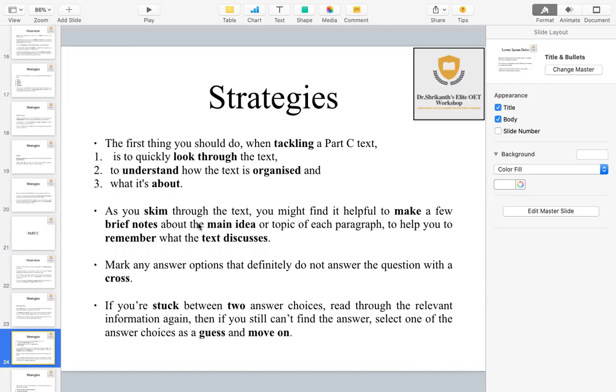As you skim, and skimming is very similar to scanning, skimming is where you glance through the text a little quicker. You might find it helpful to make a few brief notes about the main idea or topic of each paragraph to help you remember what the text discusses.